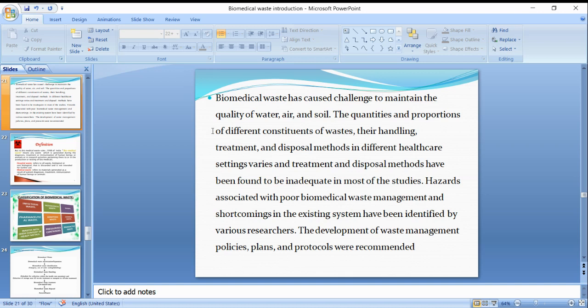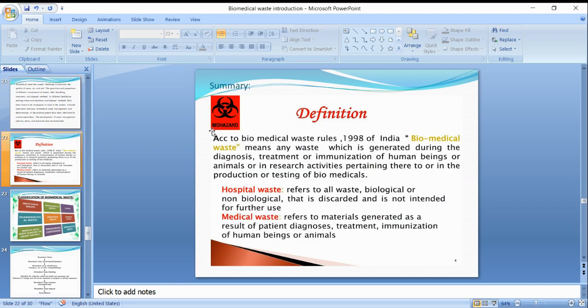After identification of these impacts on the environment, they developed waste management with some policies and plans. All hospitals have to follow these policies, and only then can they reduce the biomedical waste. Like that they created a plan to control the waste.